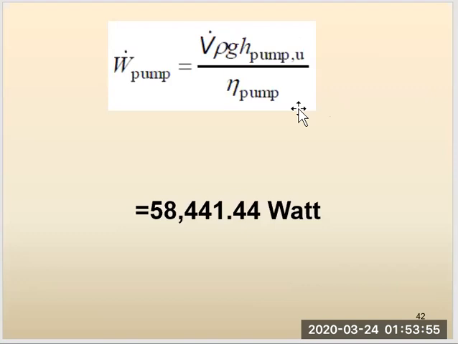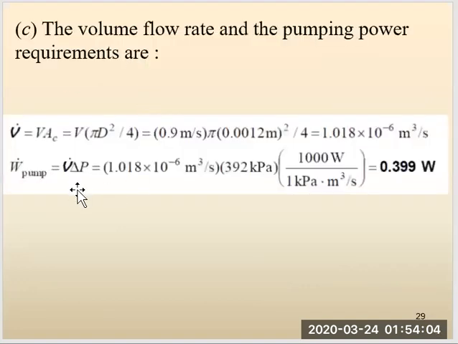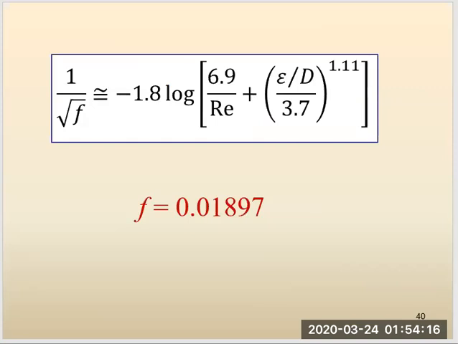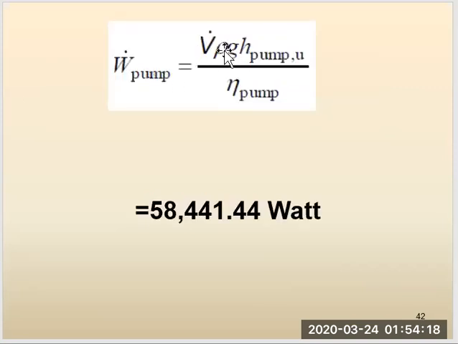You remember in another example, when we wanted to calculate the pumping power, what we did was multiply the volumetric flow rate by the pressure drop. Here, since we don't have a pressure drop, we have a head loss. What we need to do is multiply the volumetric flow rate by rho times g times head.